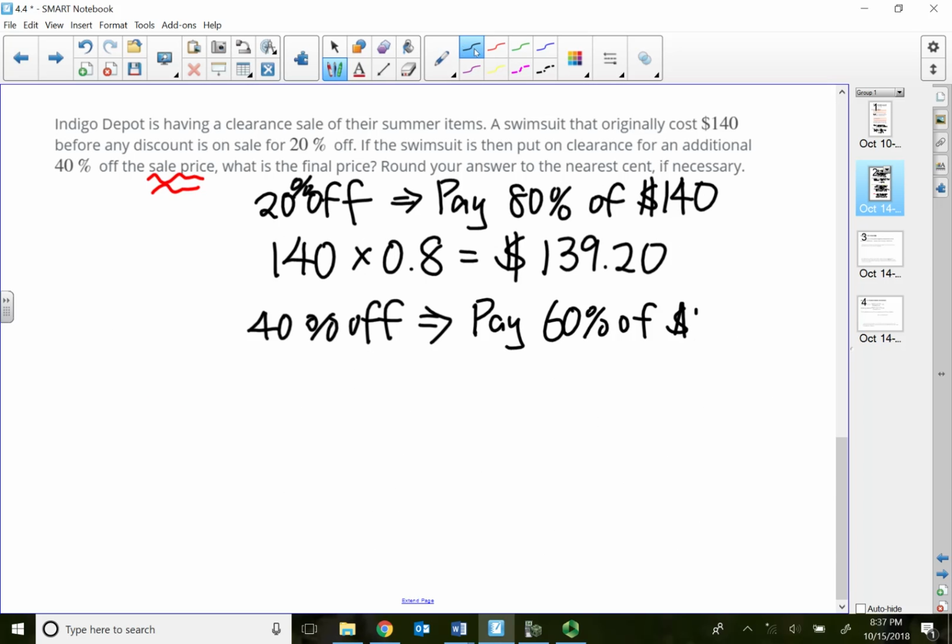Oh, I better stop clicking. It would make me freeze even more. If you will just write while I'm waiting, write $139.20 times the 60% you have to pay.